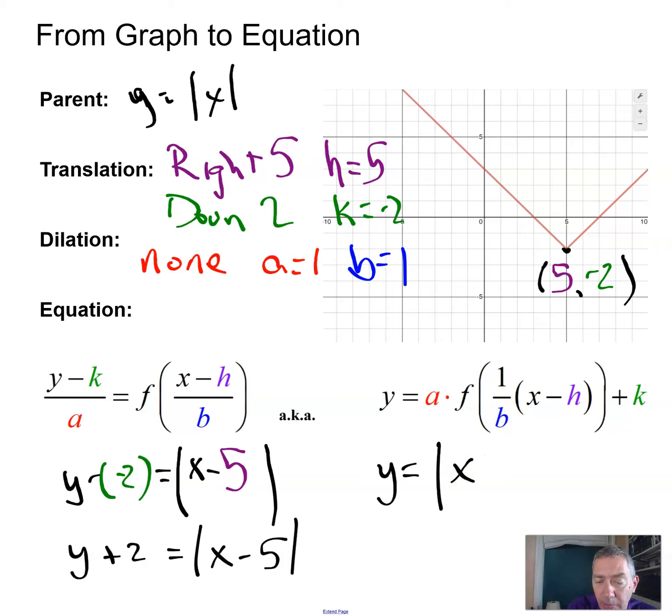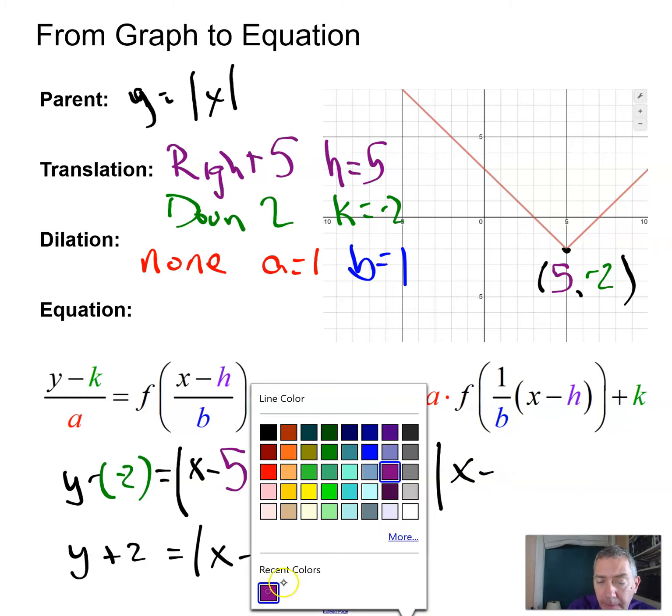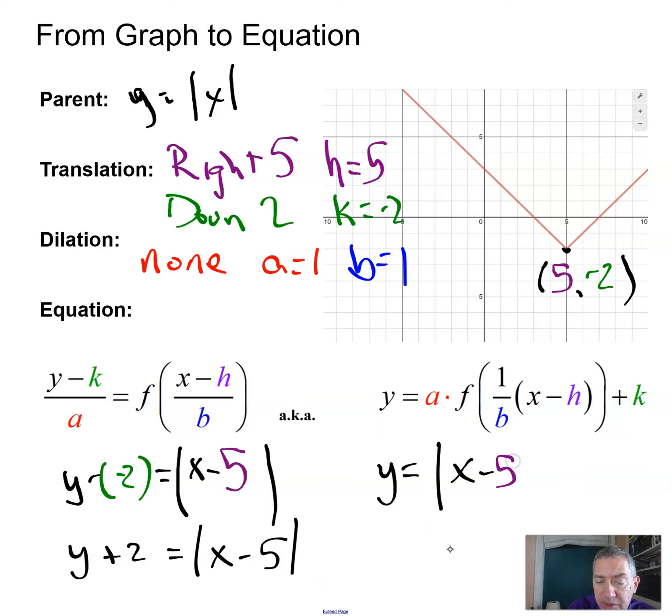So x minus 5 divided by 1 plus k, and k is -2. So it's plus a -2, or you could think of it as -2. You notice that we have the same equation on both sides, just written slightly differently. You can choose the method you prefer. Let's move on to the next one.